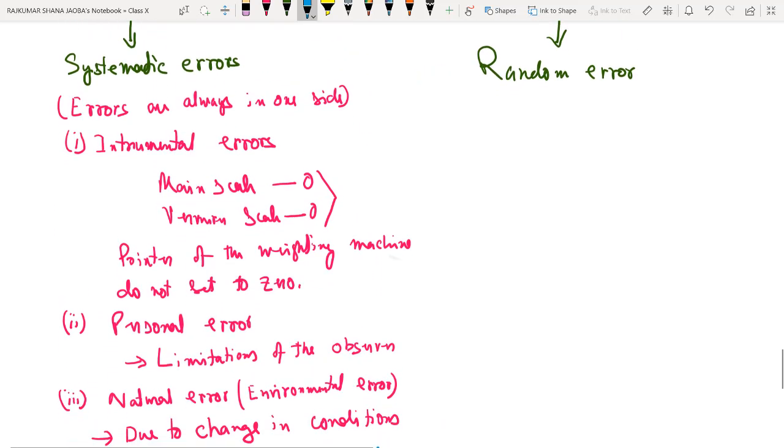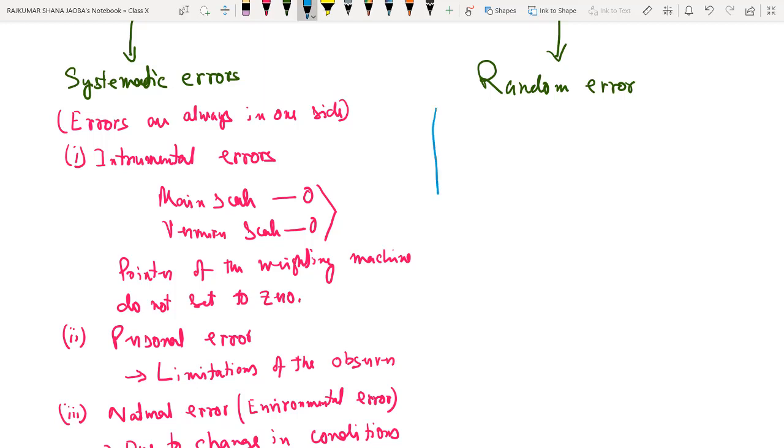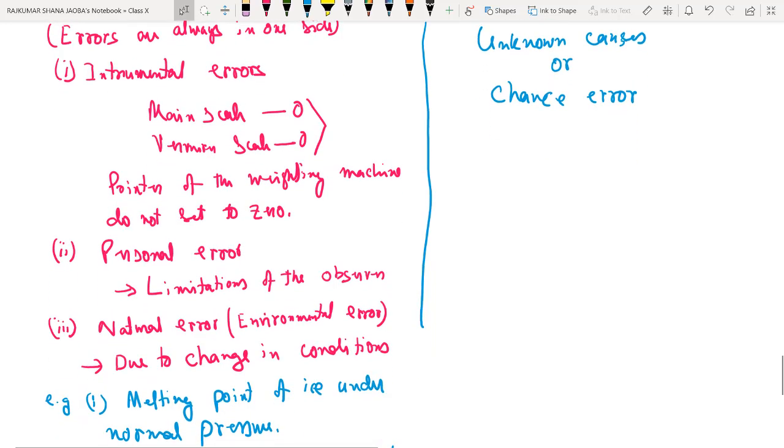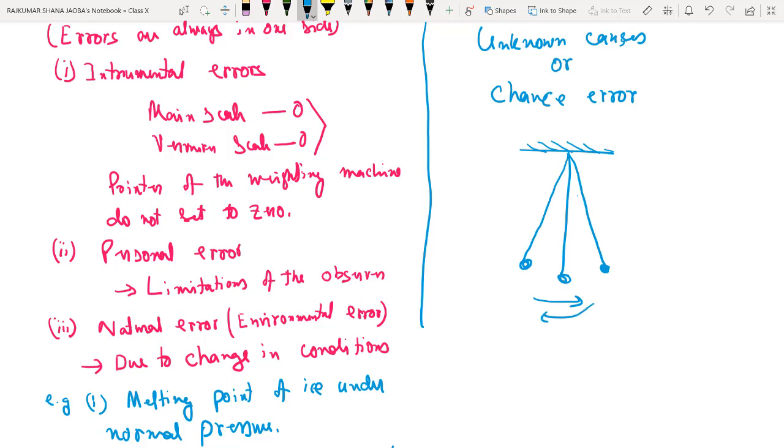Now in the other case, the random error is because of unknown causes, or this is also known as chance error. For example, we consider a simple pendulum. The bob is making a to and fro motion, simple harmonic motion.